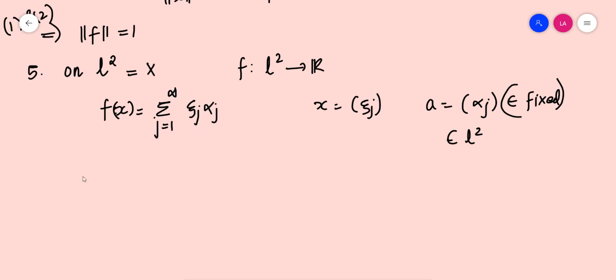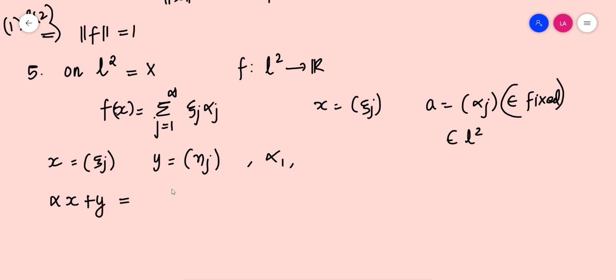Now, in order to prove that it's a linear functional, we take x equal to the sequence theta j and y equal to the sequence eta j, and a constant alpha. One constant is more than enough to establish this. So alpha x plus y is the sequence alpha theta j plus eta j.